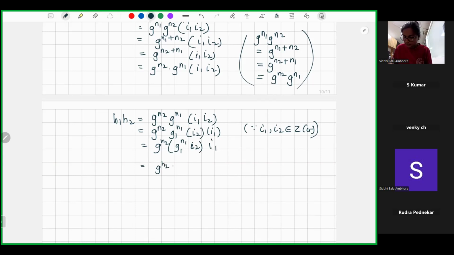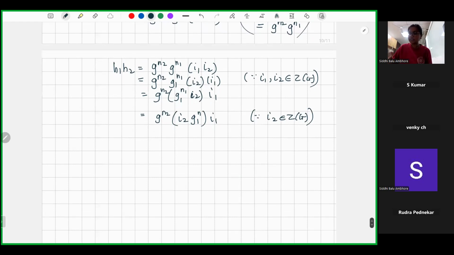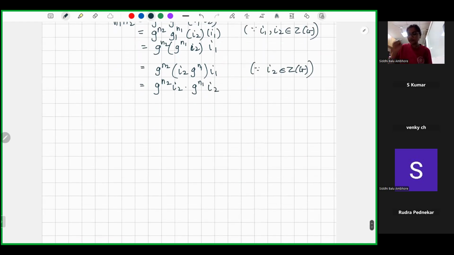And now I can commute this again, because again since I2 belongs to ZG. I'm again writing all the reasons because these notations can confuse.